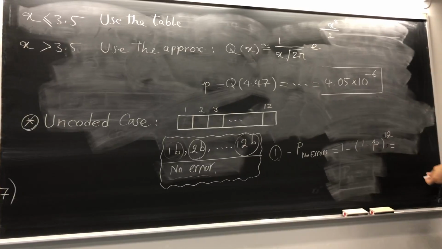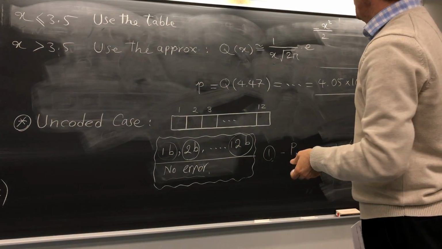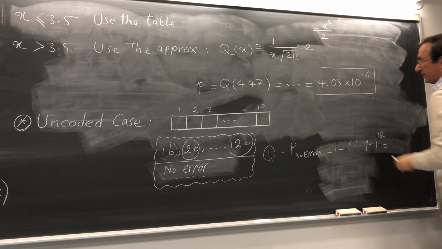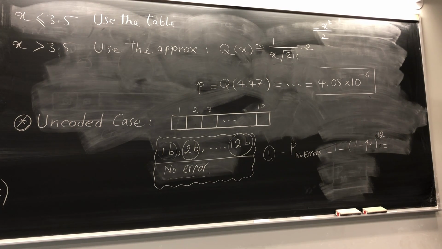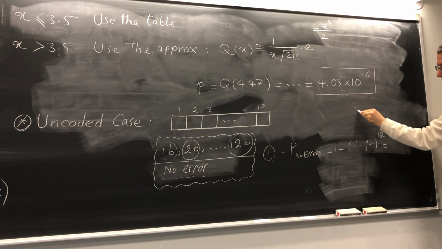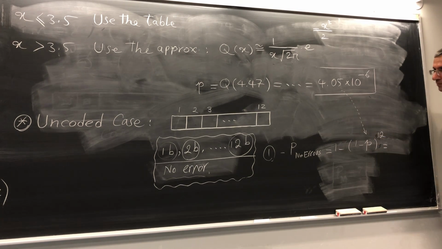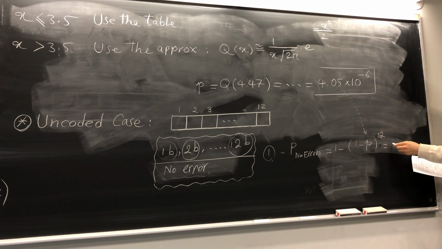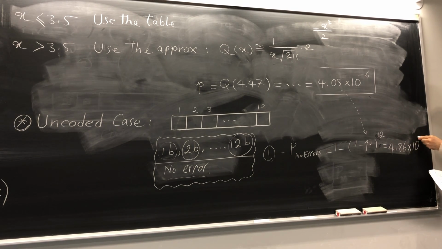So p is how much? 4.05 times 10 to the negative 6. And that's going to be 4.86 times 10 to the negative 5.